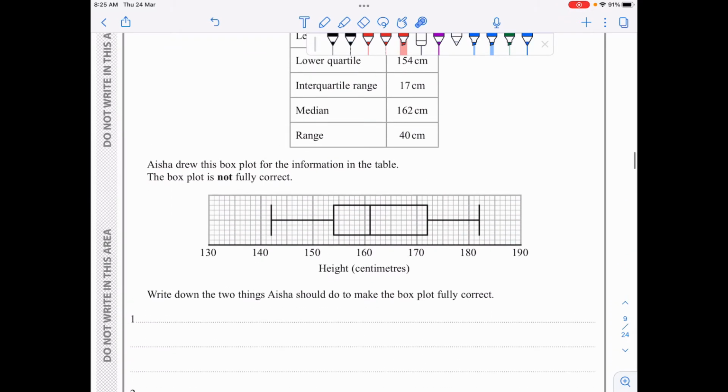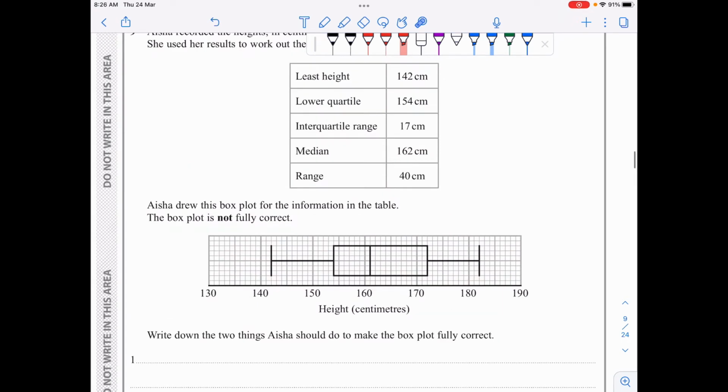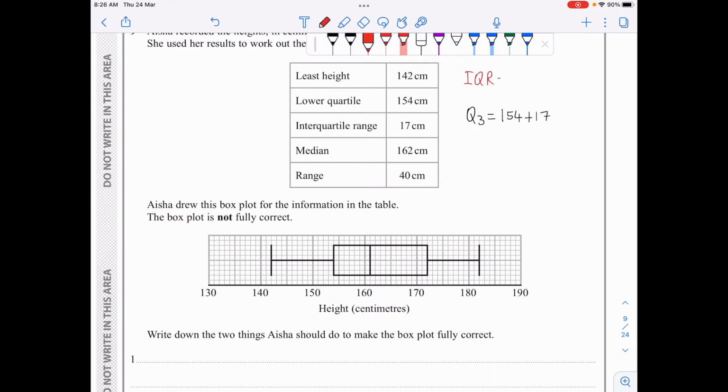So if we look at the box plot and compare with the numbers shown here, the first thing we notice is that the upper quartile, Q3, according to the table here, should have been 154 plus 17. So reminder that the interquartile range is Q3 minus Q1.